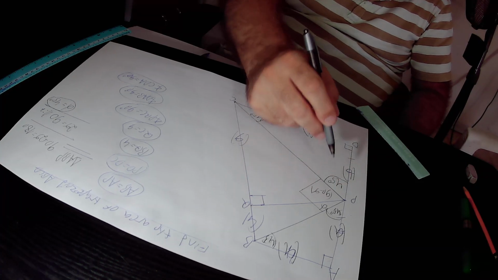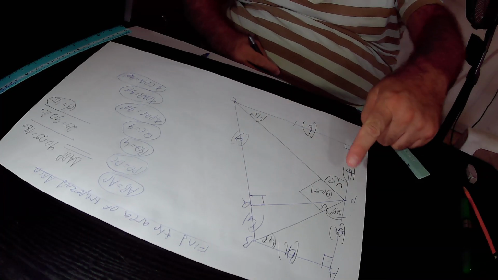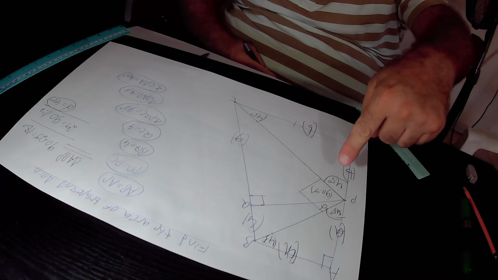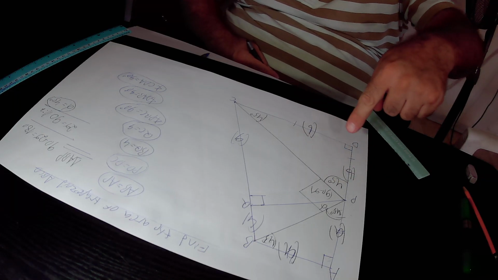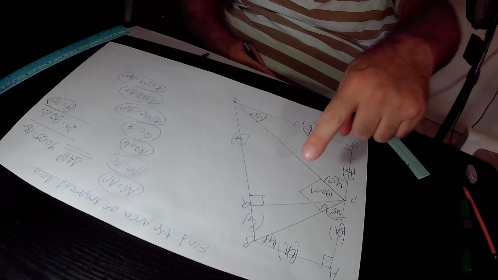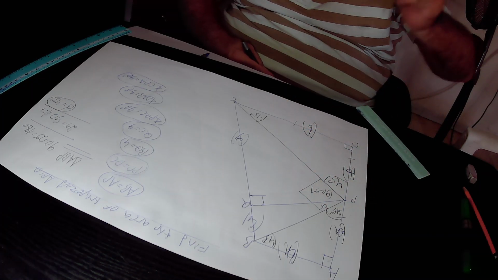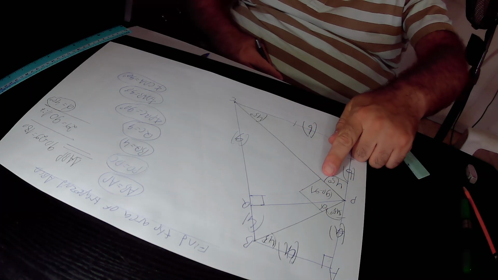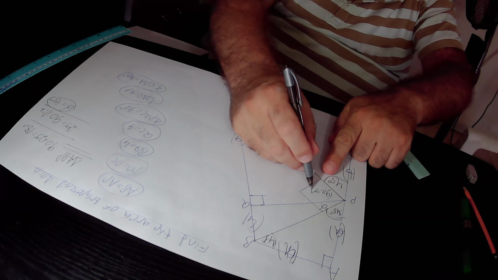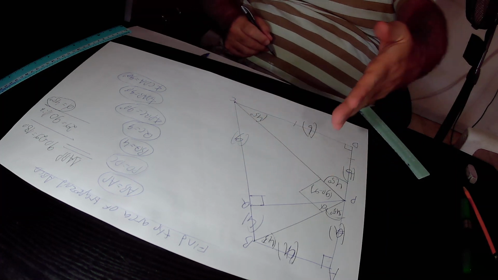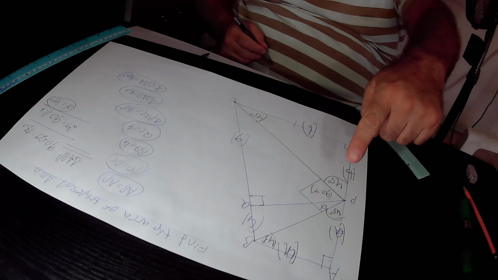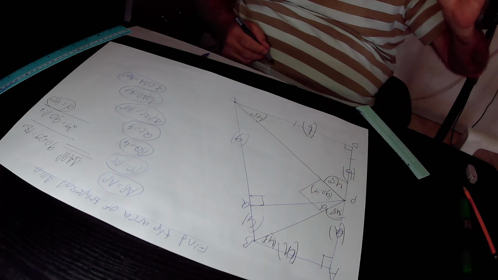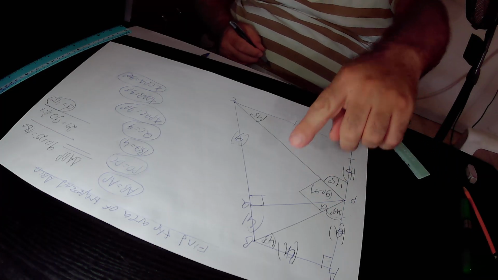Why? Because 90 degrees minus alpha plus alpha is equal to 90 degrees. That is the size of the big angle BPC. So the missing angle here must be equal to 90 degrees minus alpha. You can see it from the drawing itself that 90 degrees minus alpha plus alpha is equal to 90 degrees. That is the size of the big angle BPC.